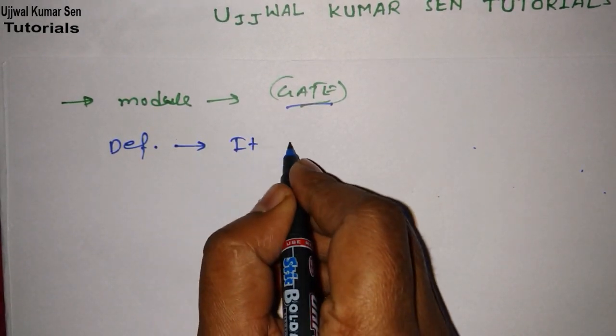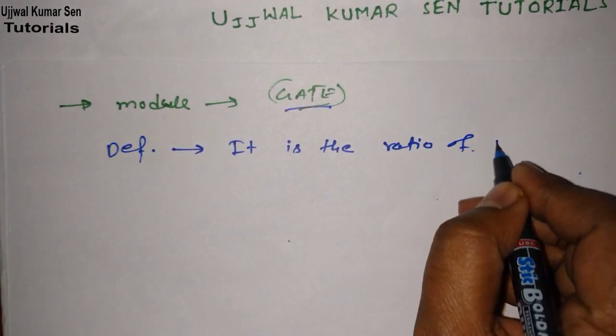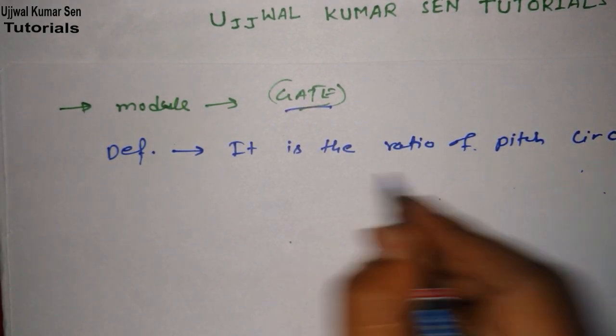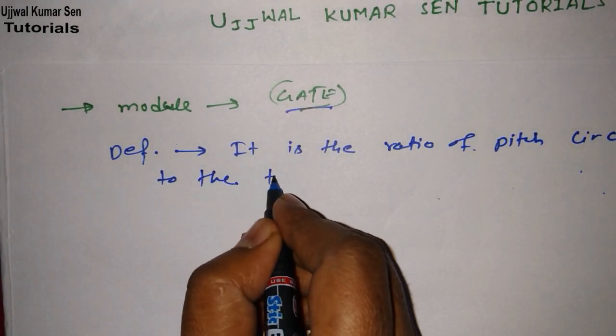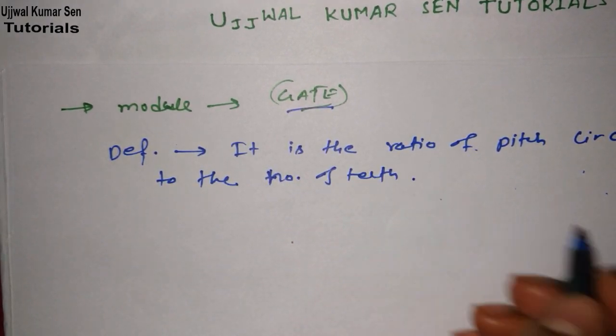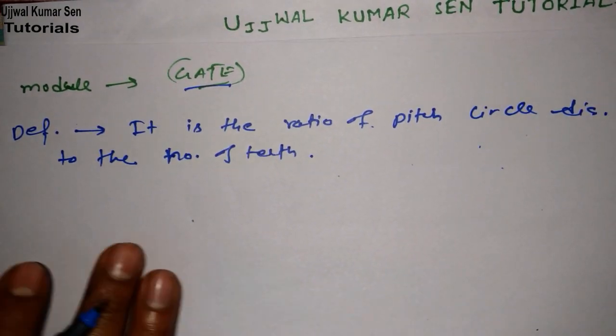It is the ratio of pitch circle diameter to the number of teeth of the gear. So this is the definition of module.